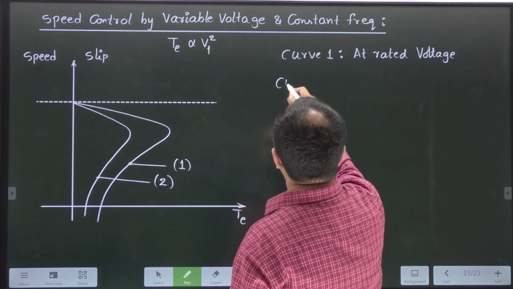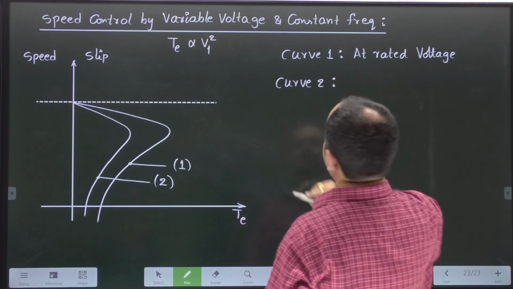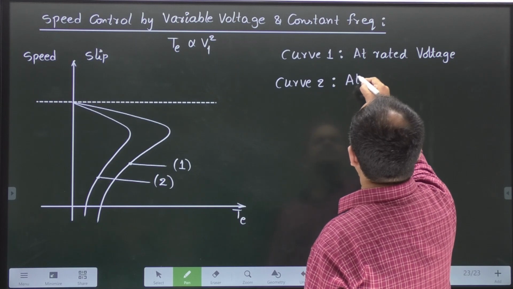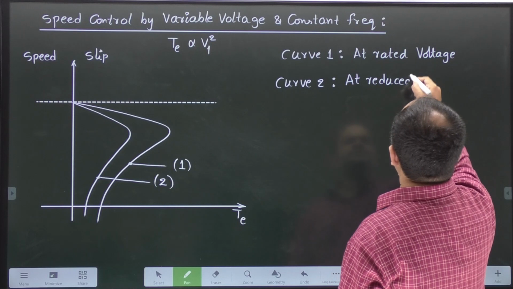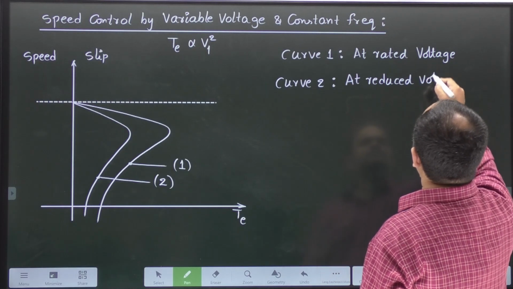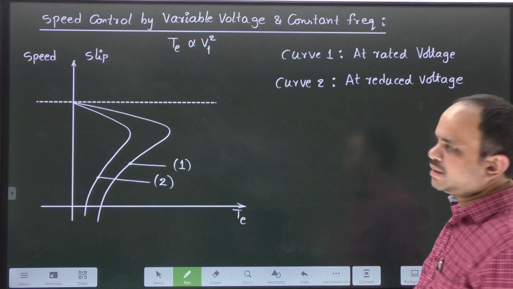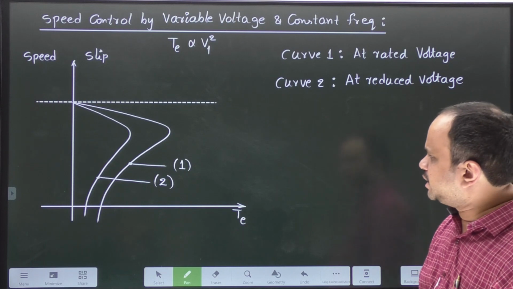So, curve 2 corresponds to reduced voltage.